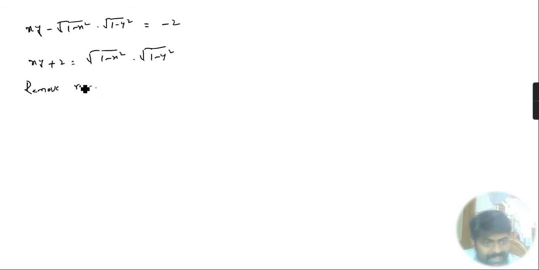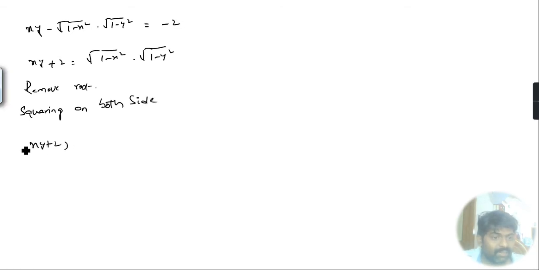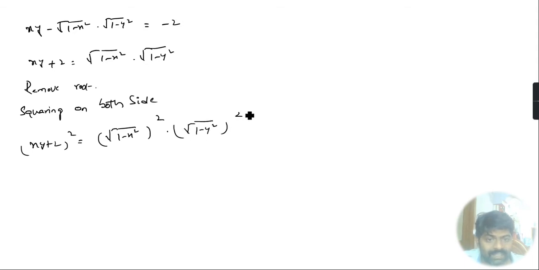For removing the root, squaring on both sides. Therefore we get xy plus z whole square is equal to root of 1 minus x square whole square into root of 1 minus y square whole square.